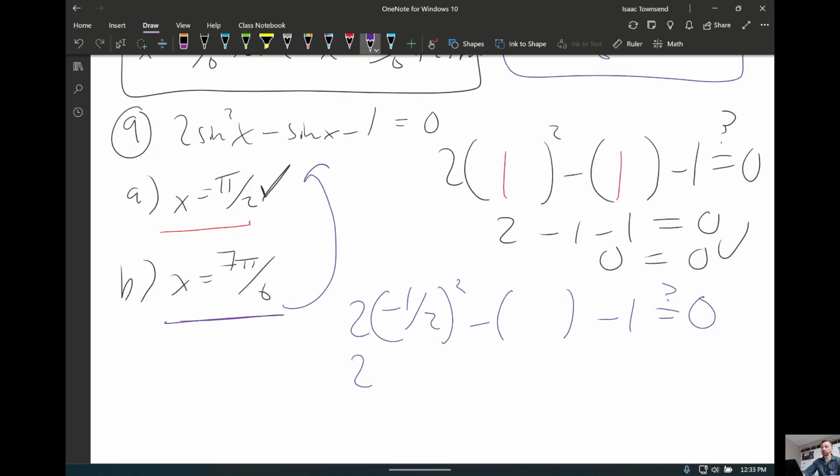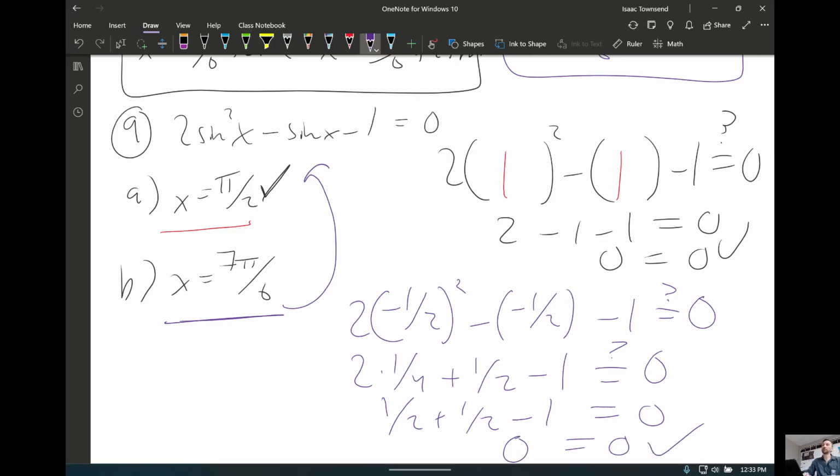So this would be 2 times a fourth plus a half minus 1. So we get a half plus a half minus 1. Does that equal 0? Yes. So because that satisfies the original equation, we have just confirmed that 7 pi over 6 is a solution.